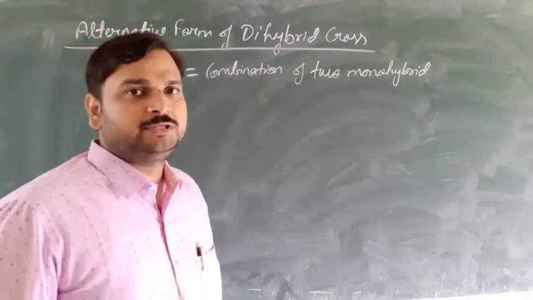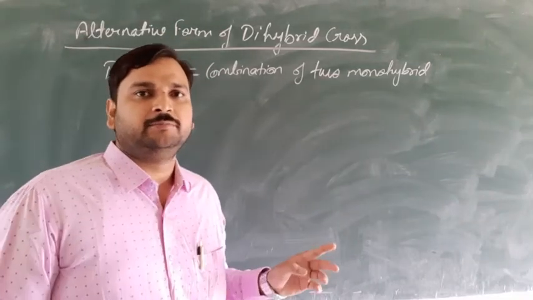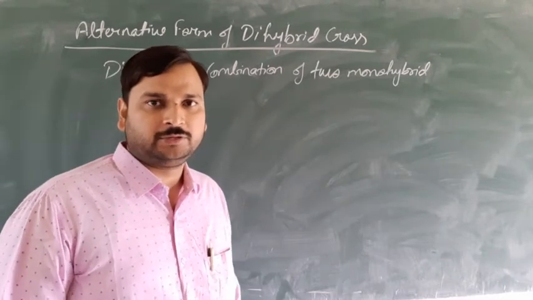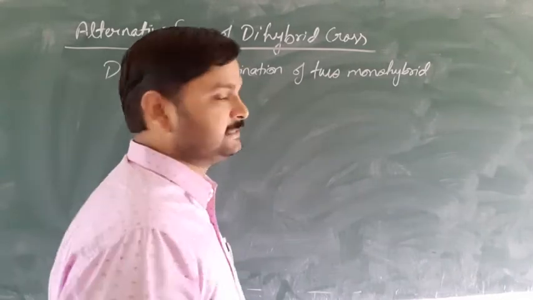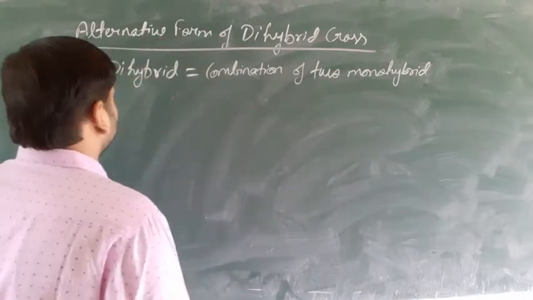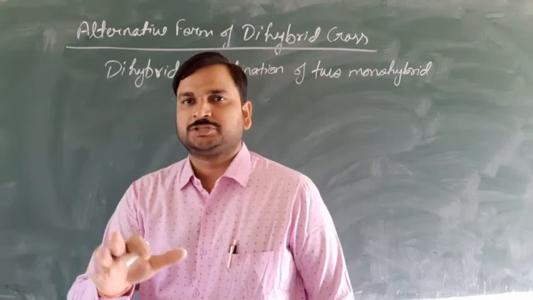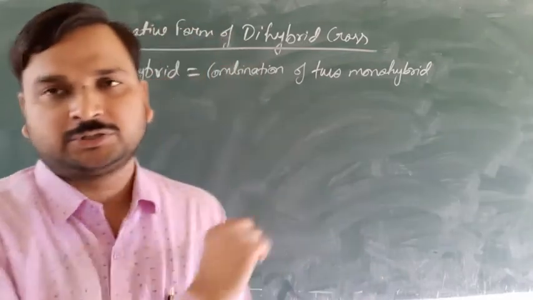We have to prove how a dihybrid cross is a combination of two monohybrid crosses, that we will see. So let's see the example. The same example we will take here to understand this concept.